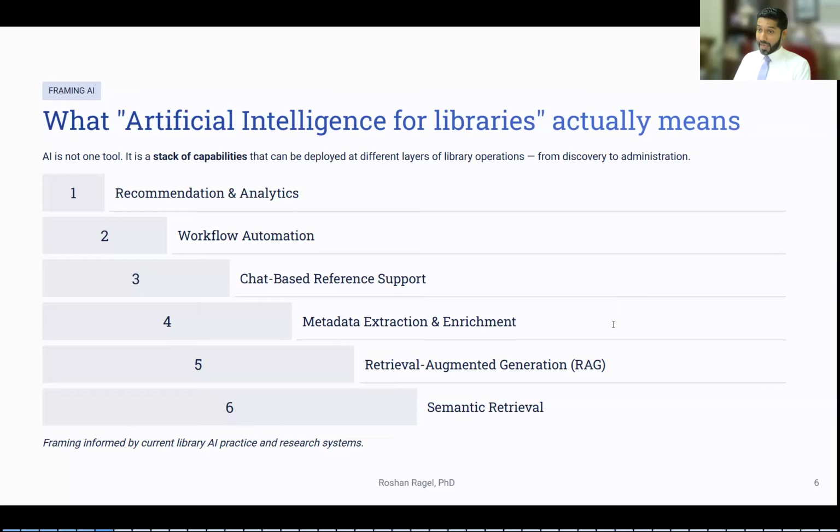When I say it, AI has to be integrated into different parts of the library workflow, or what you could call a stack of capabilities. Starting from places like recommendation, analytics, workflow automation, and chat systems, different types of chat systems. I'll come to that later as well. One for the user, one even for the library staff, and so on.